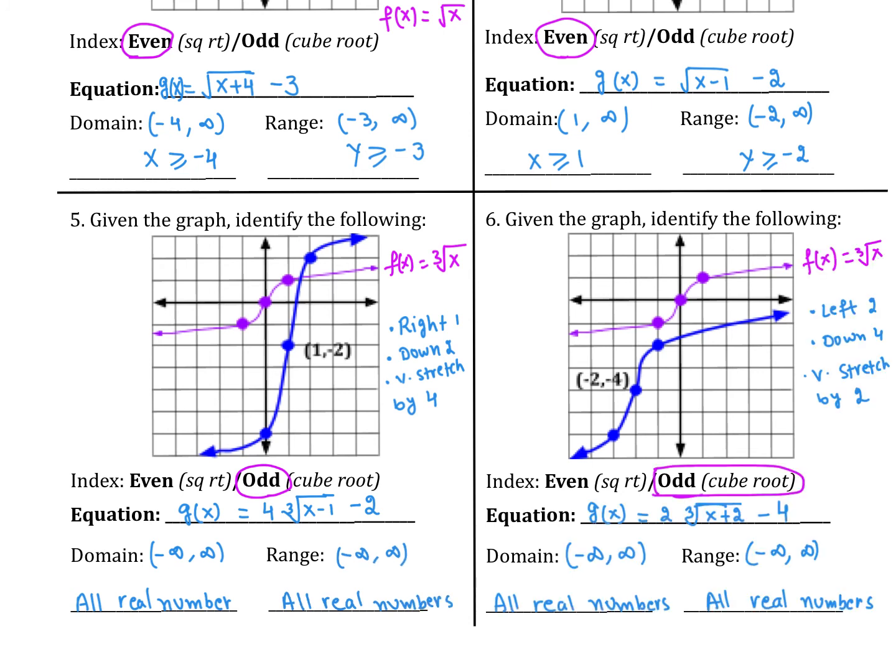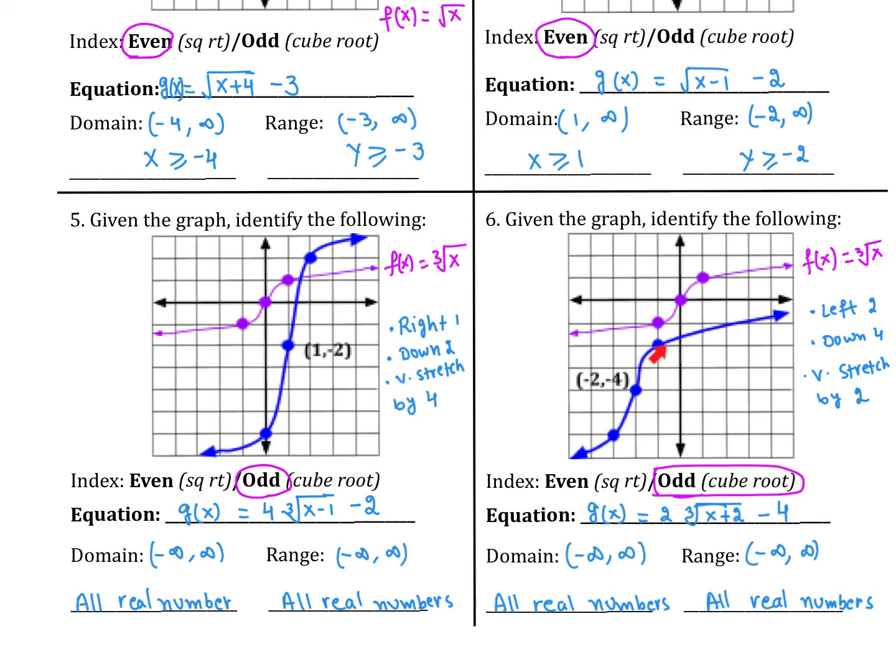For question number 6, again, this is a cube root function, or odd function. The blue function is moved 2 units to the left and 4 units down. So left 2 and down 4. The normal graph has a pattern of over 1, up 1, but in this case it is over 1, up 2.